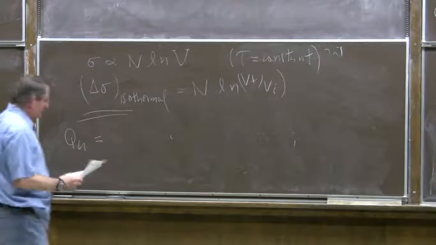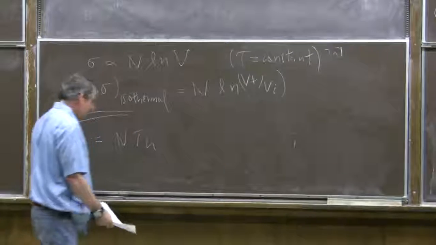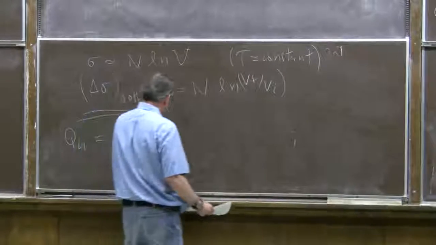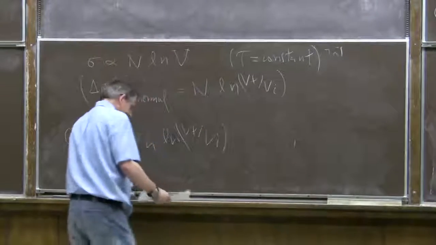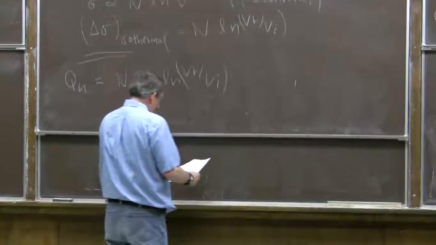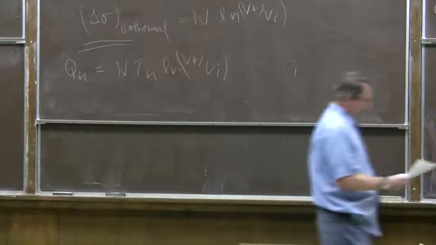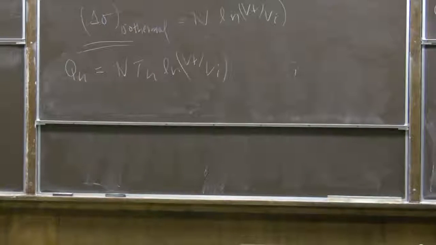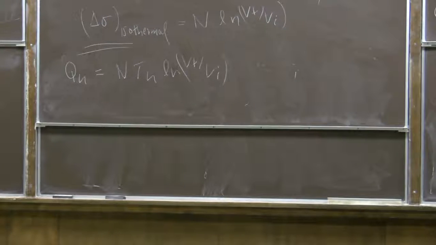And the heat taken in by the high temperature reservoir is just n times tau h times the log of the volume ratio. And we computed the work by integrating the PDV.